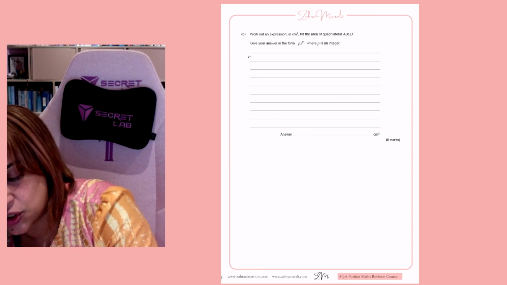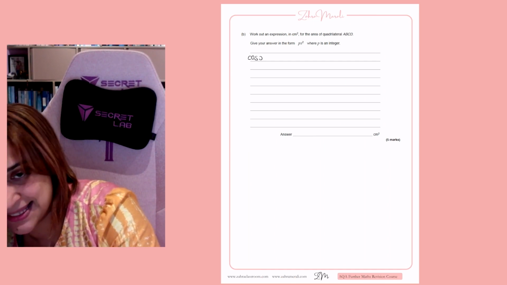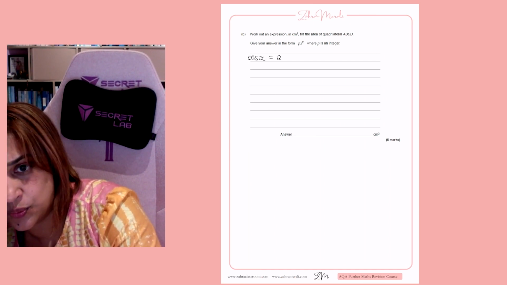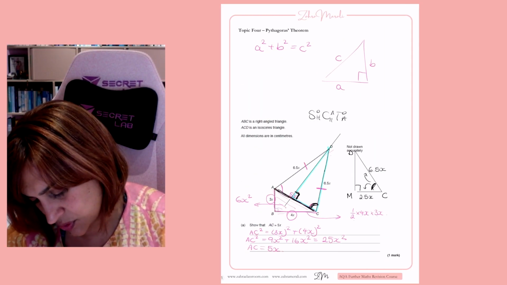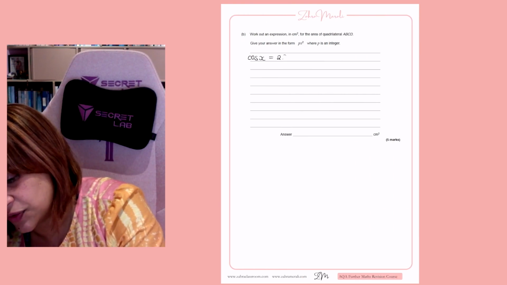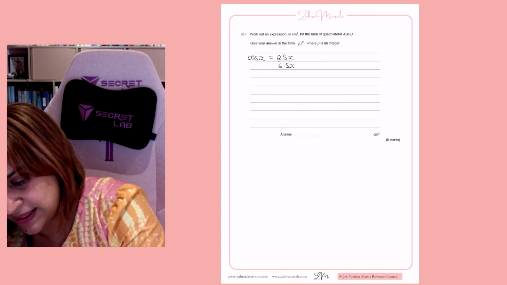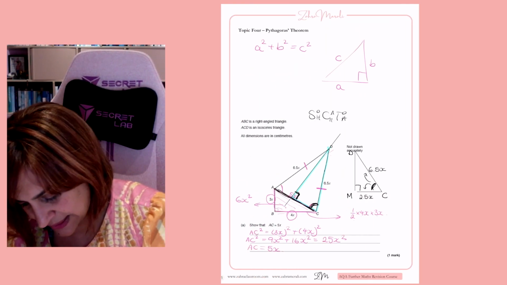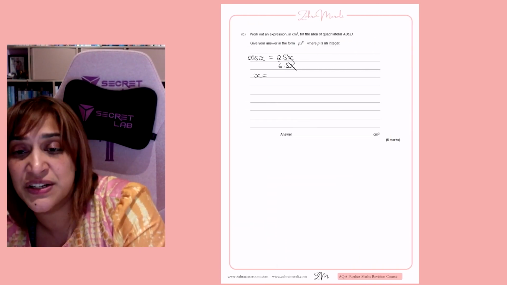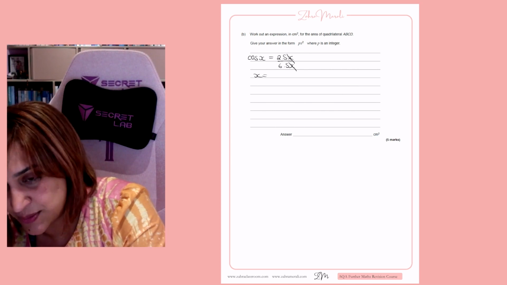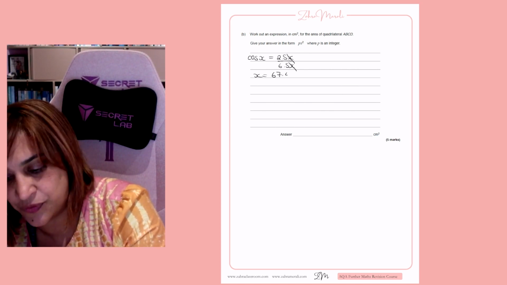So cos x equals 2.5x over 6.5x. These cancel. I'm just calling this angle x. I know it's confusing, we should have probably called it something else. Inverse cos of that gives me an answer of 67.4.